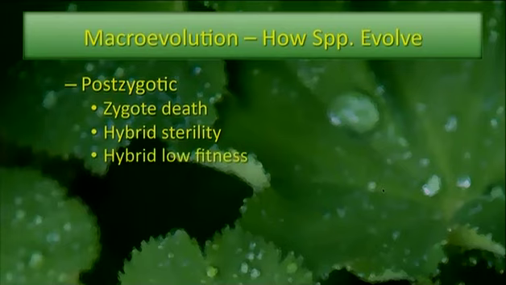And you also have hybrid low fitness, where the hybrid dies before it can reproduce. Okay, so these are the postzygotic types of barriers to hybridization.